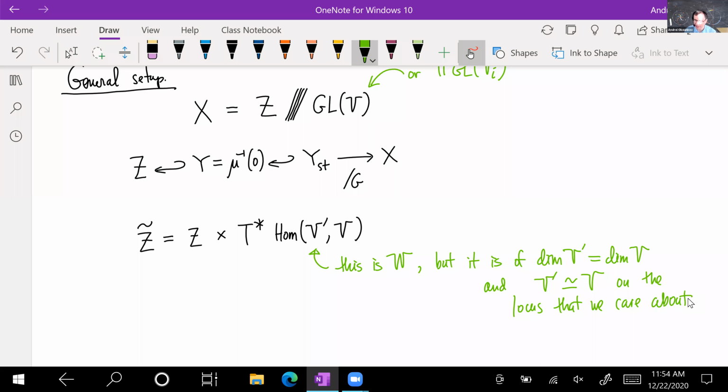So since it's isomorphic, I decided to denote it W prime, V prime.